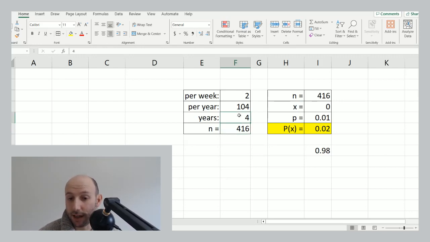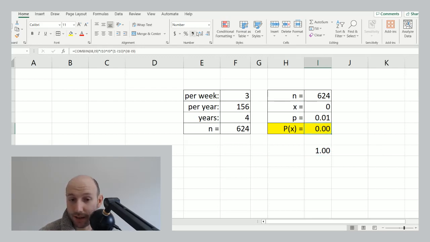Okay? And let's say we go 3 times a week. Maybe they're busy. Too busy to go 4 times a week, but over the course of 4 years, 624 times. If we go to 2 decimal places, well then, 0% chance that they meet no one. 100% chance that they meet at least one person.